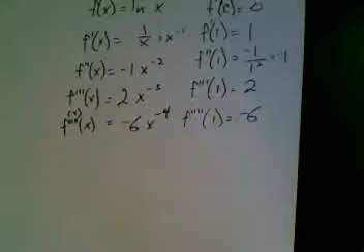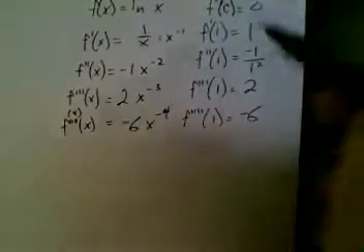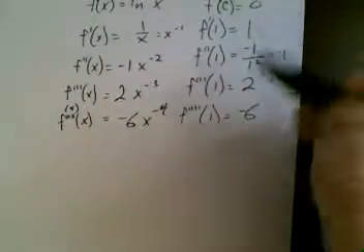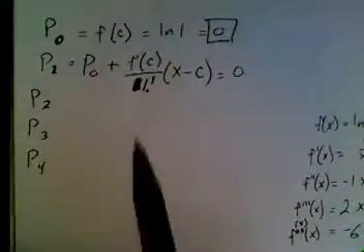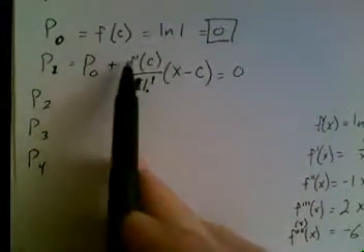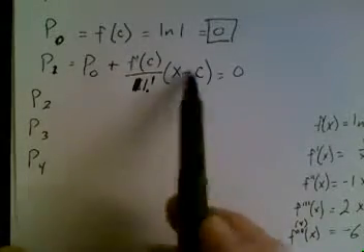Okay. If you're very careful, you might actually recognize a pattern that's occurring here. I'm not going to talk about it just yet, but there might be a pattern that you could see happening. Okay. So back over here, I now have all of the derivatives that I might need. This is always divided by the factorial of the derivative power, and then I have x minus c.